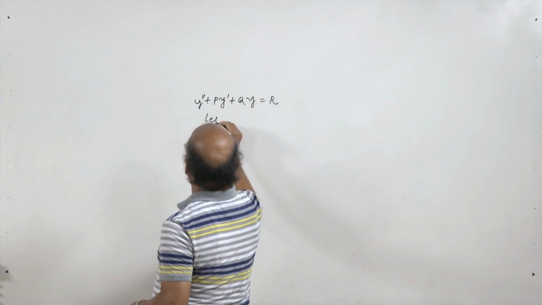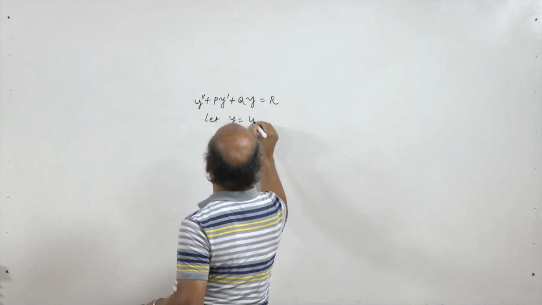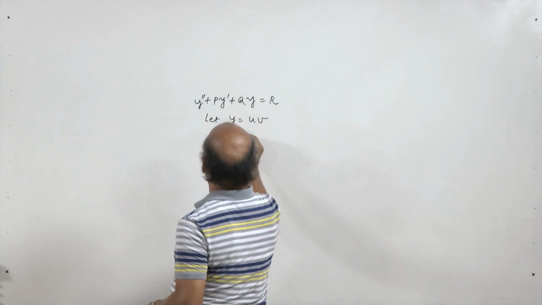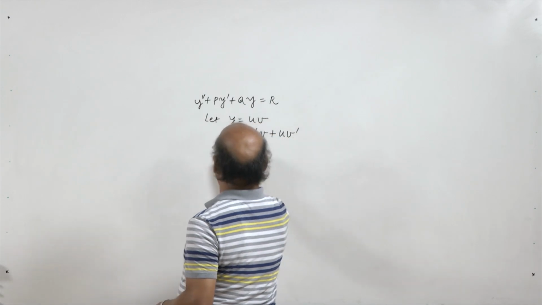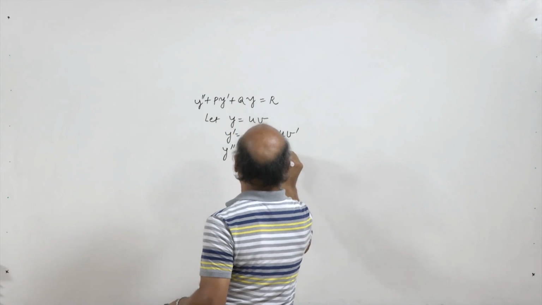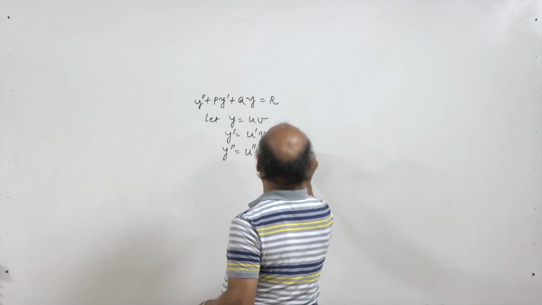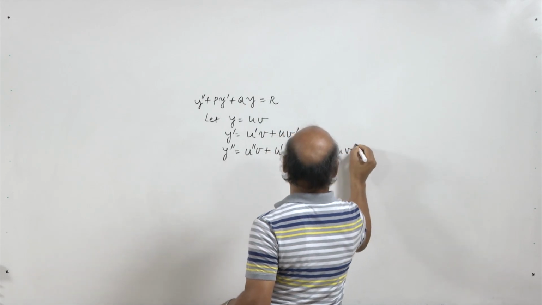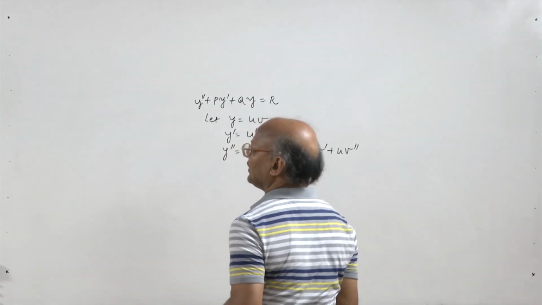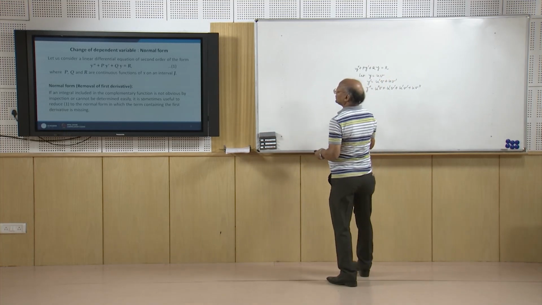Putting y equal to uv, y dash is equal to u dash v plus u v dash, and y double dash will be equal to u double dash v plus u dash v dash plus u dash v dash plus u v double dash. Let us replace these values in the differential equation 1.